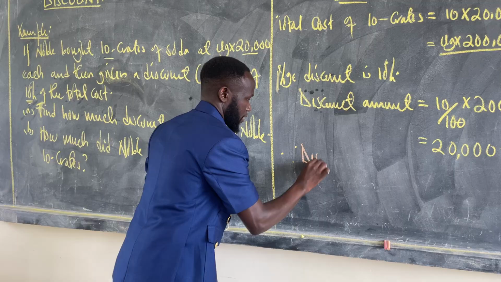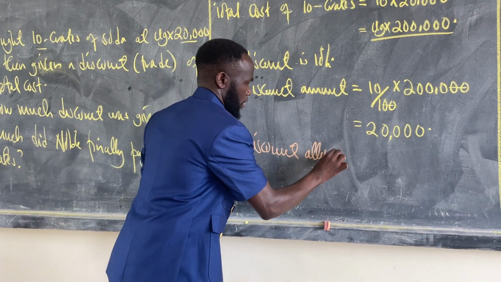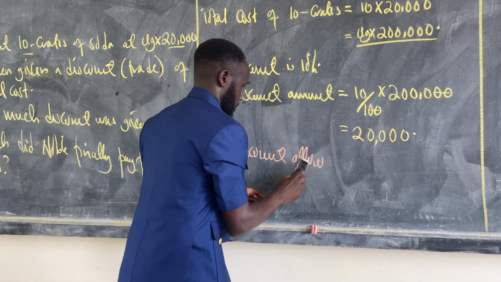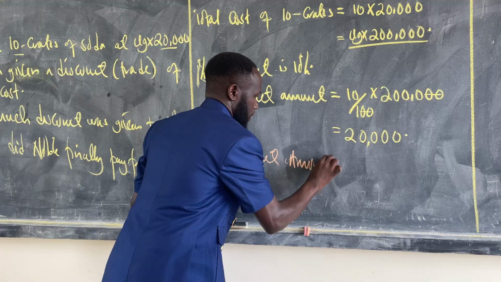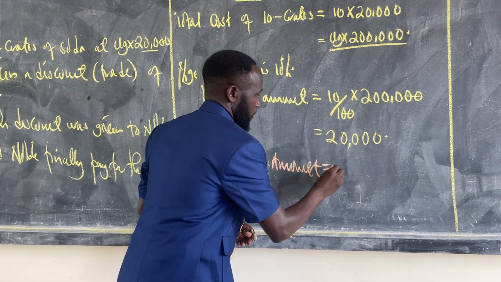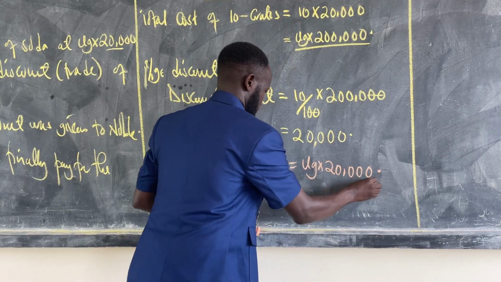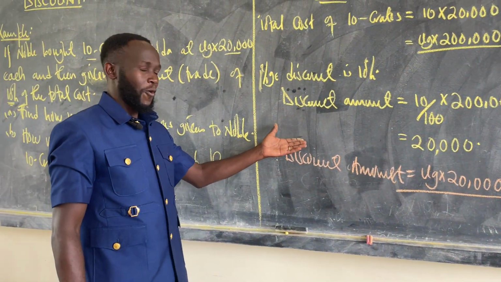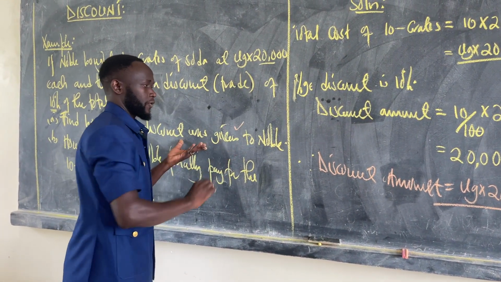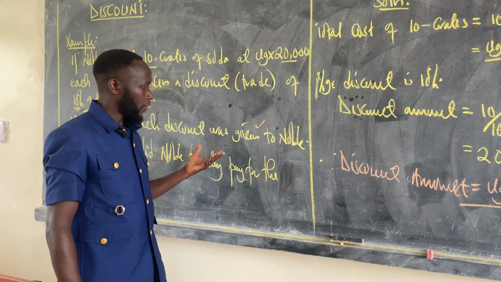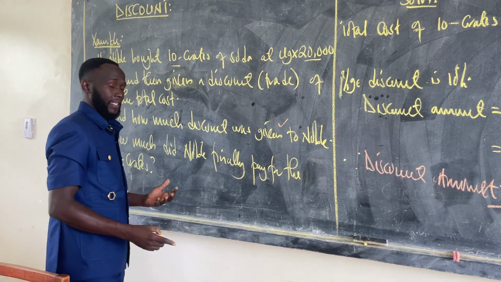So therefore, the discount amount will equal UGX 20,000. With this, you've calculated the amount of discount given to Noble, and that is part A. Now, if you want to answer part B, how much did Noble finally pay for the 10 crates?